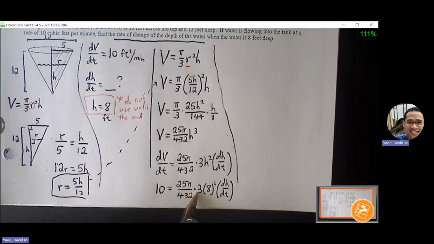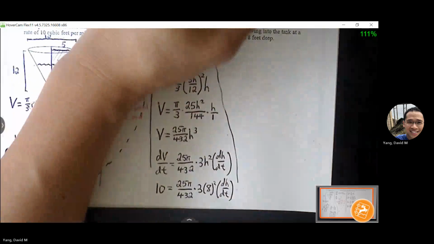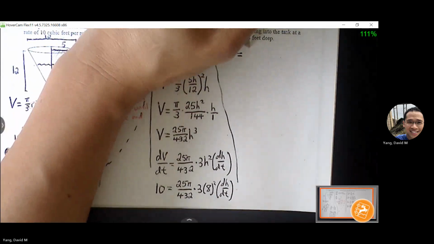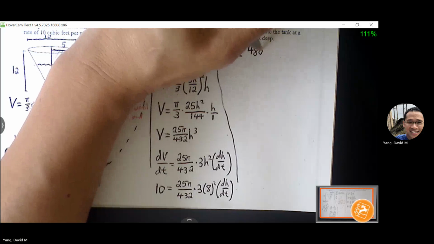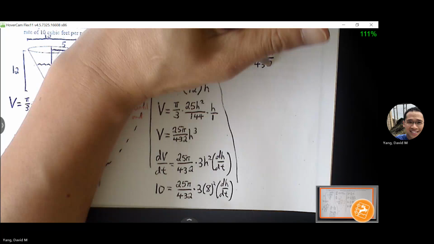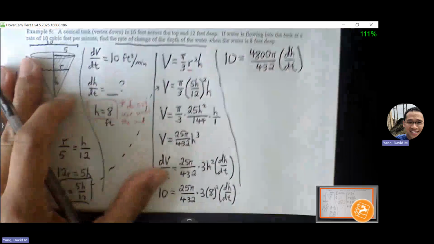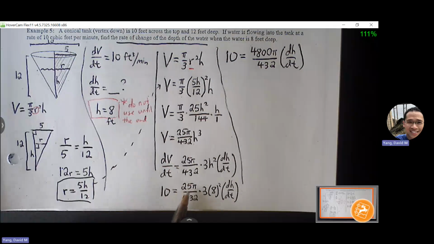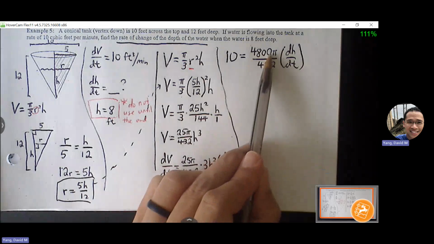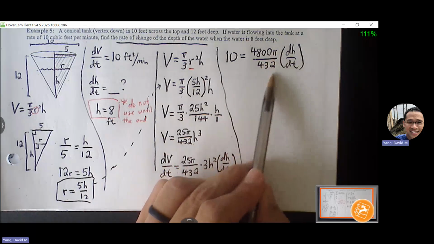So the 25, the 8, 3, and the 8 squared, I'm going to just multiply all that out together. So all the numerators can go together, right? The 25, the 3, the 8 squared, and that gave me 4,800. The pi is going to stay.